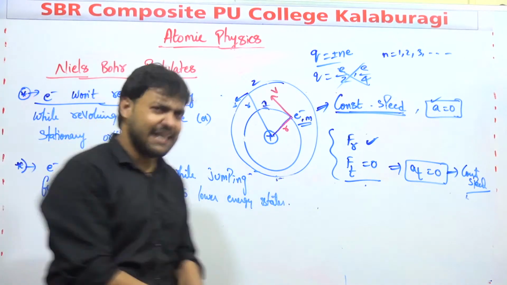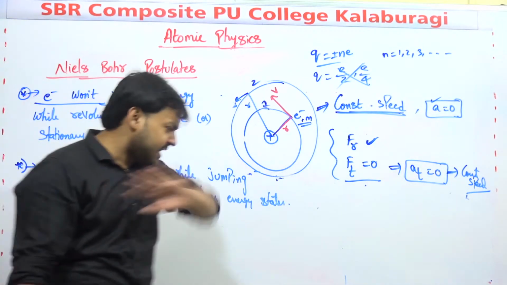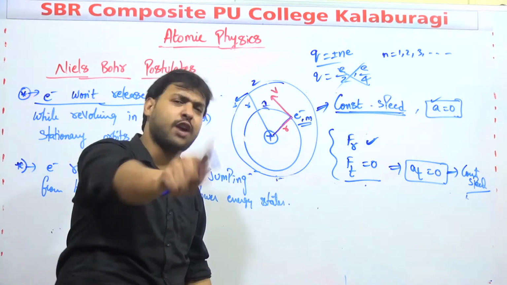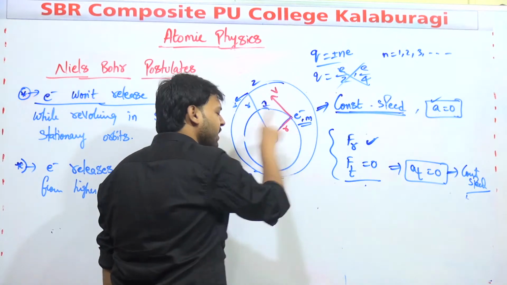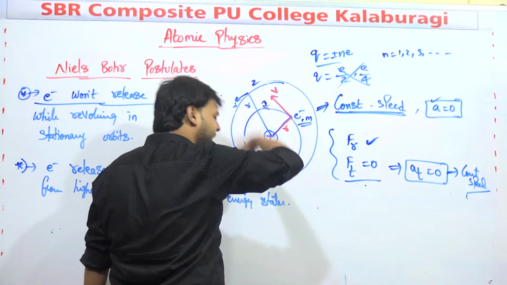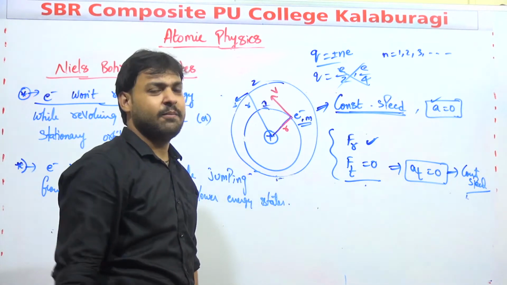Energy it can release. Try to understand these two points, very important. The electron won't release energy while it is revolving in a particular stable or stationary orbit. If it is revolving in n equals to 1 continuously, it won't release any energy. If the electron is revolving in n equals to 2 continuously, it won't release any energy. But it will release energy when?